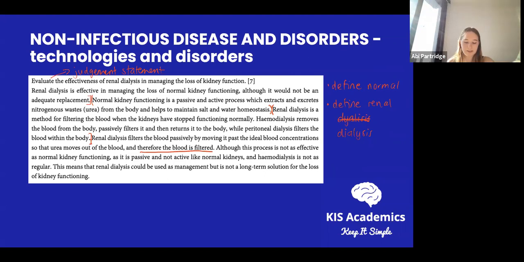You're doing what the normal kidney would do. So that's like a positive. And then you've got some negatives coming up. So you're saying the process is not as effective as normal kidney functioning because it's passive. And so therefore it can't do all of the active processes that normal kidneys normally do.